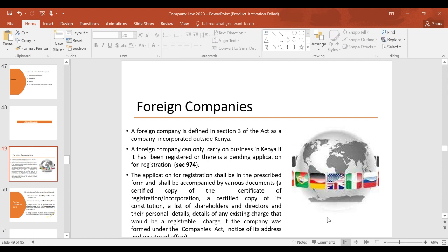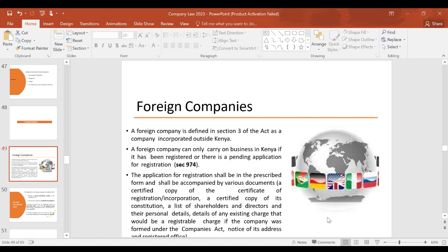So, when you are intending to register an office of a foreign company in Kenya, or that foreign company is to operate or do any business within the country of Kenya, you must adhere to the requirements of Section 974 of the Companies Act of Kenya 2015.